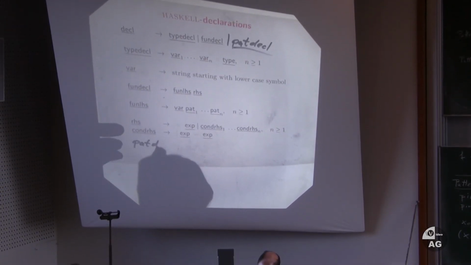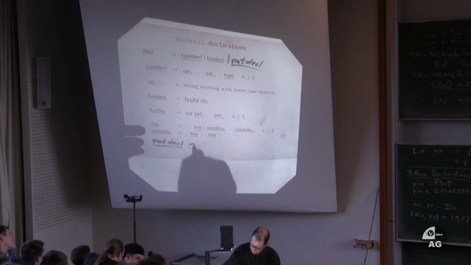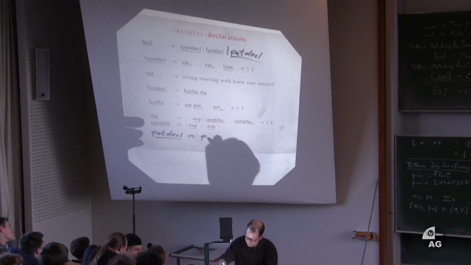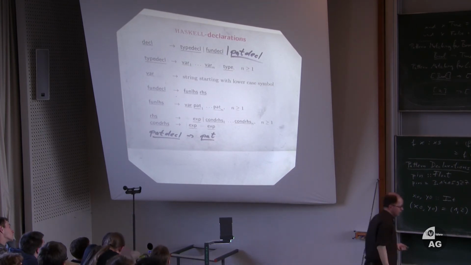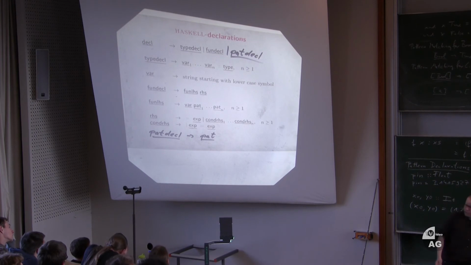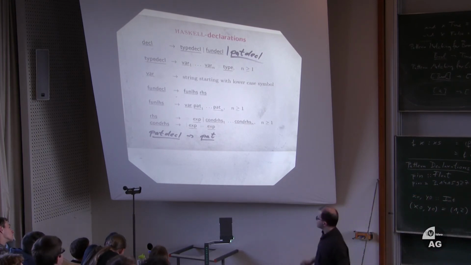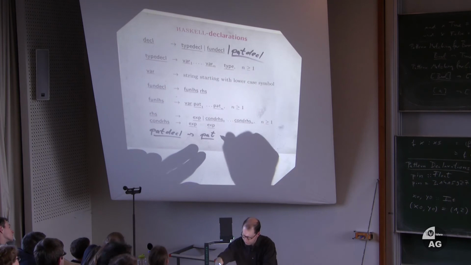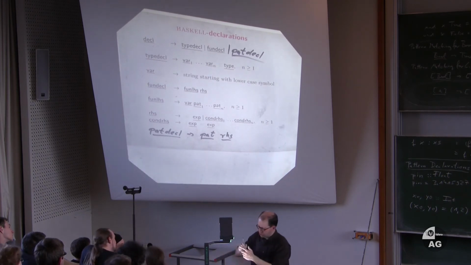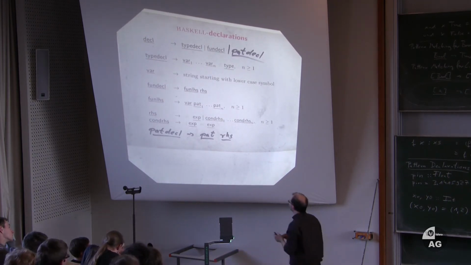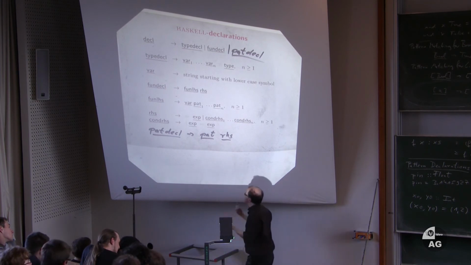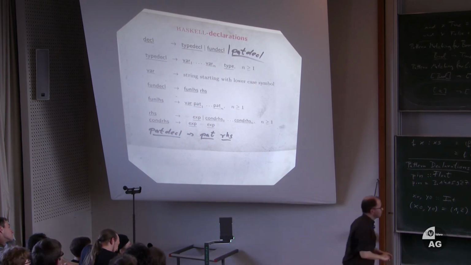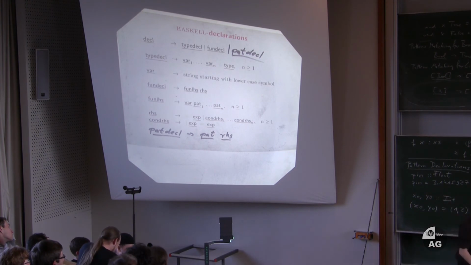It's just that on the left-hand side we have a pattern, so an expression built from data constructors and variables. And then we have an equality sign and an expression on the right-hand side, so a right-hand side of a function declaration as before. So the only difference is that now on the left-hand side we have just this pattern and not the name of the function and the arguments, but just a single argument, which can be an arbitrary pattern.